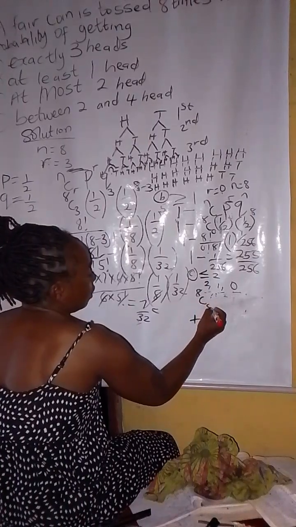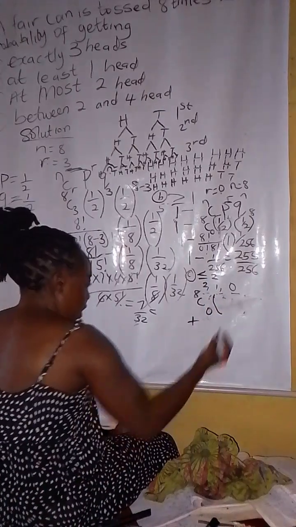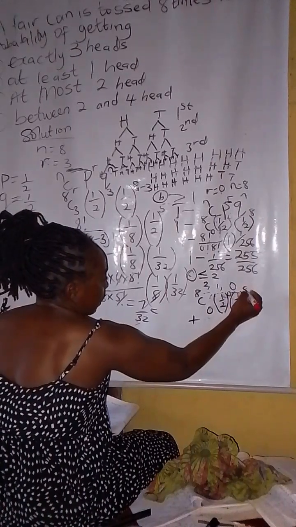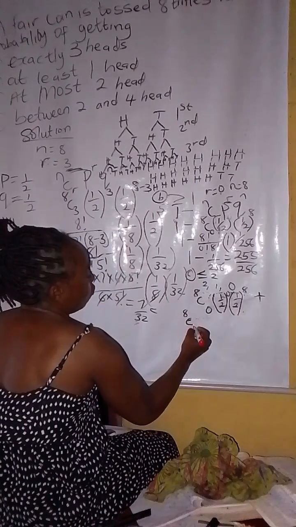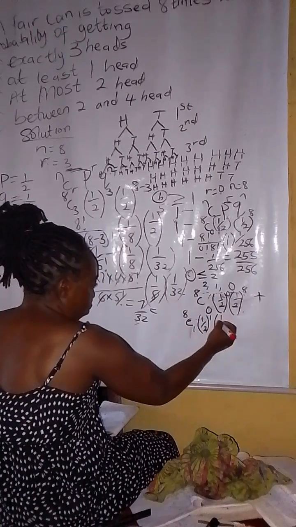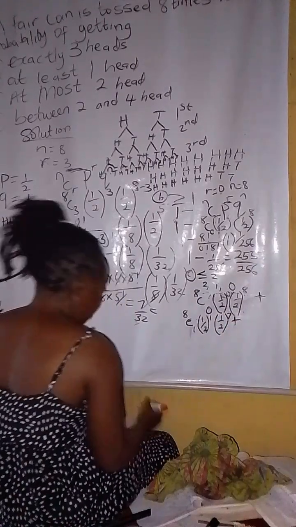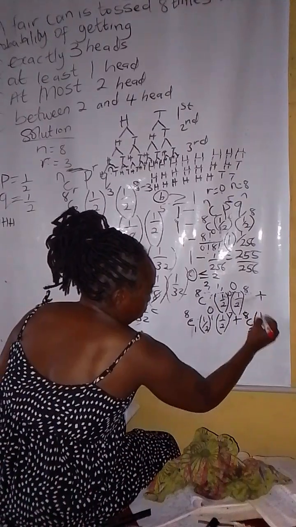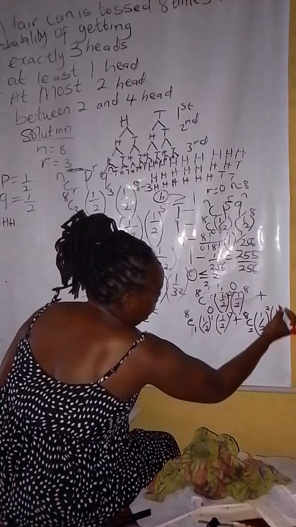That will be 8 combination 0, 1 over 2 to the power 0, 1 over 2 to the power 8, plus 8 combination 1, 1 over 2 raised to power 1, 1 over 2 raised to power 7, plus 8 combination 2, 1 over 2 raised to power 2, 1 over 2 raised to power 6.